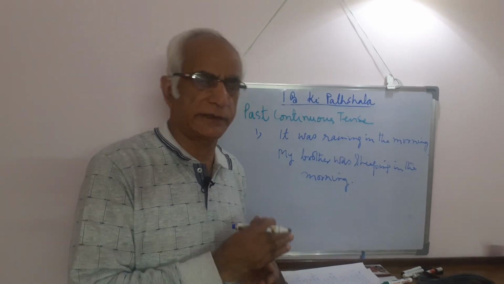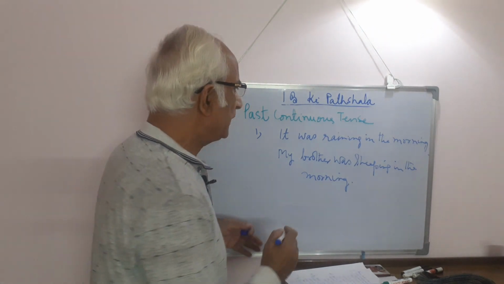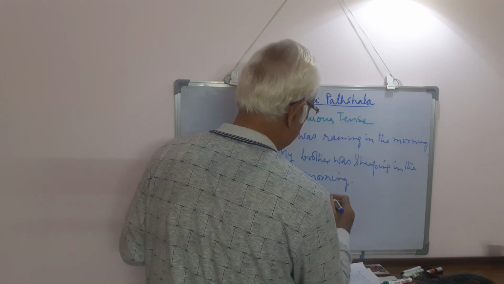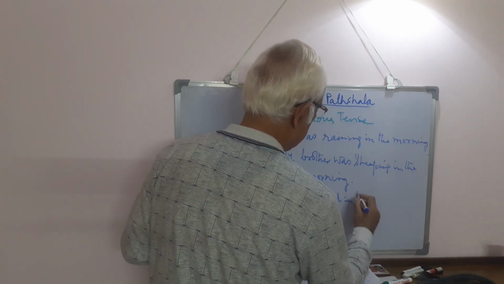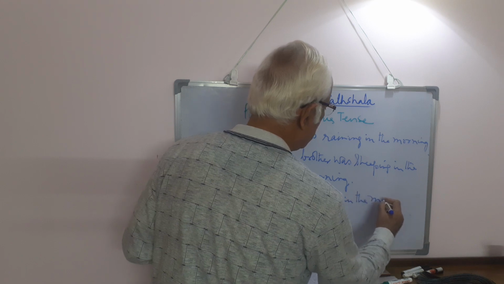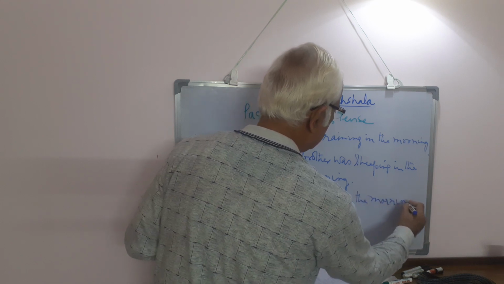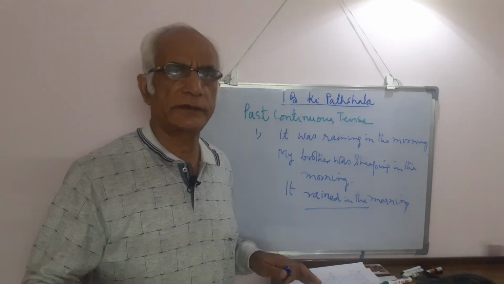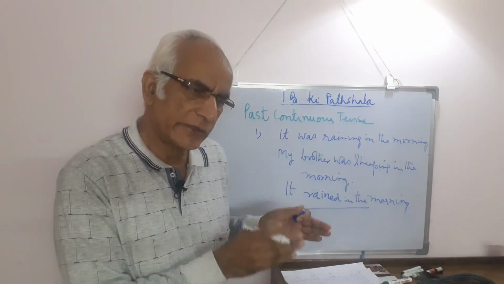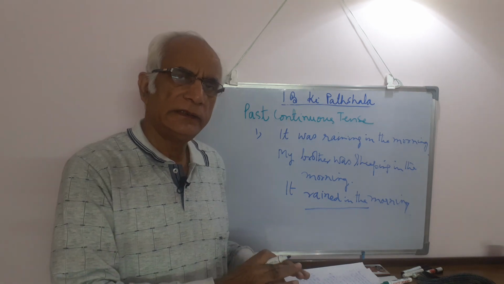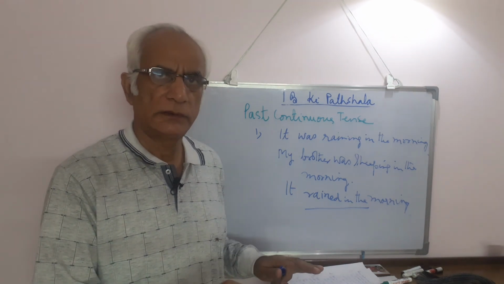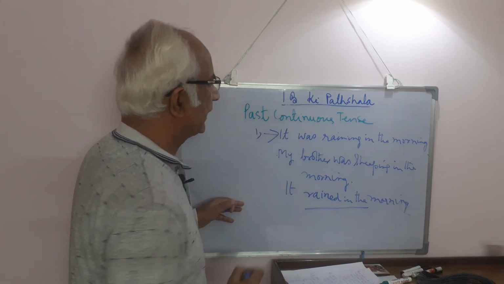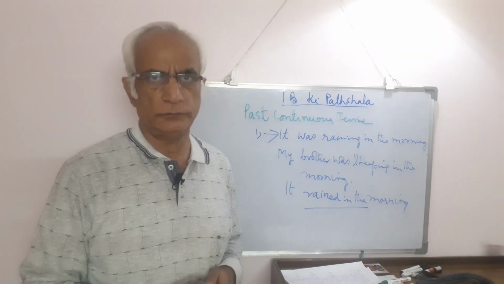It is complete. For example, if I say it rained in the morning, this is simple past tense. The rain fell and it was over. Rain fell for some time and then it stopped. Here, it has not stopped. It was still falling when I left my home.